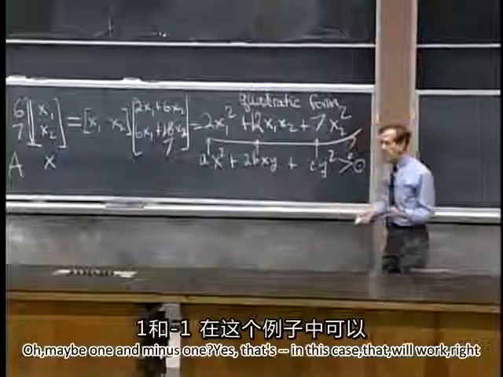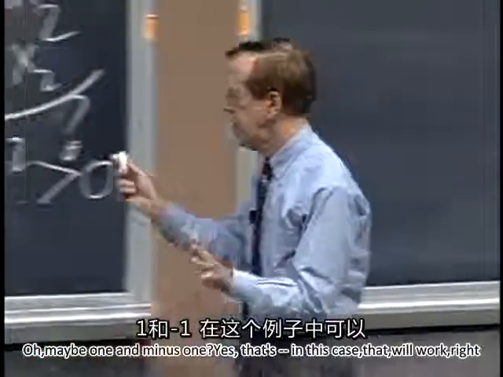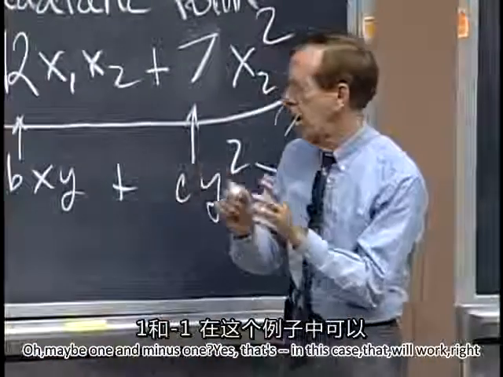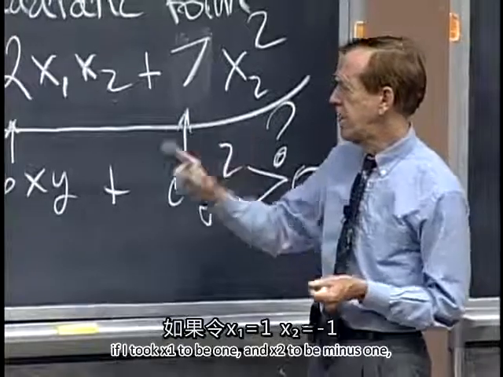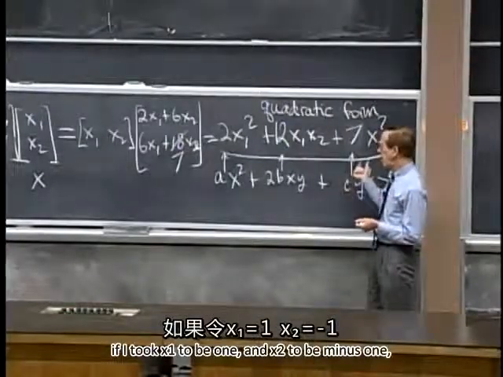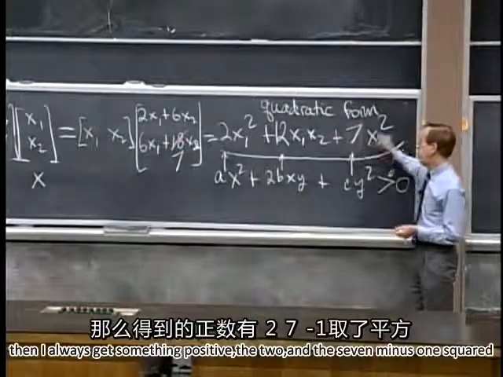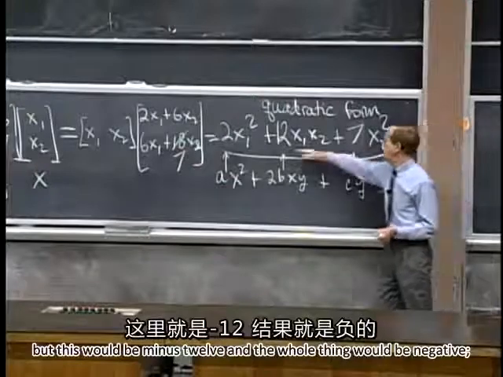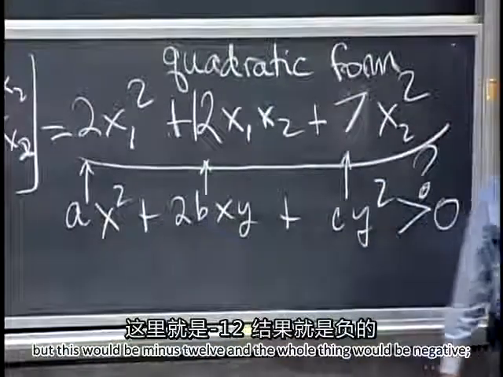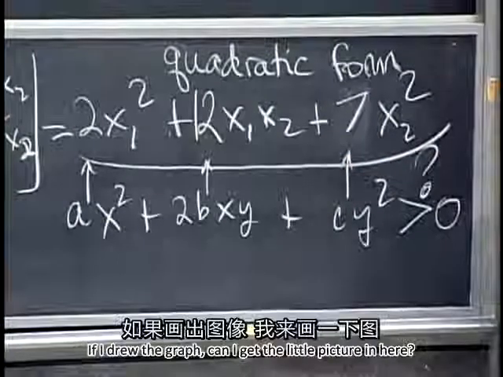Oh, maybe 1 and minus 1? Yeah, in this case, that will work, right. If I took x1 to be 1 and x2 to be minus 1, then I always get something positive, the 2 and the 7, minus 1 squareds. But this would be minus 12, and the whole thing would be negative. I'd have 2 minus 12 plus 7, I'm negative.